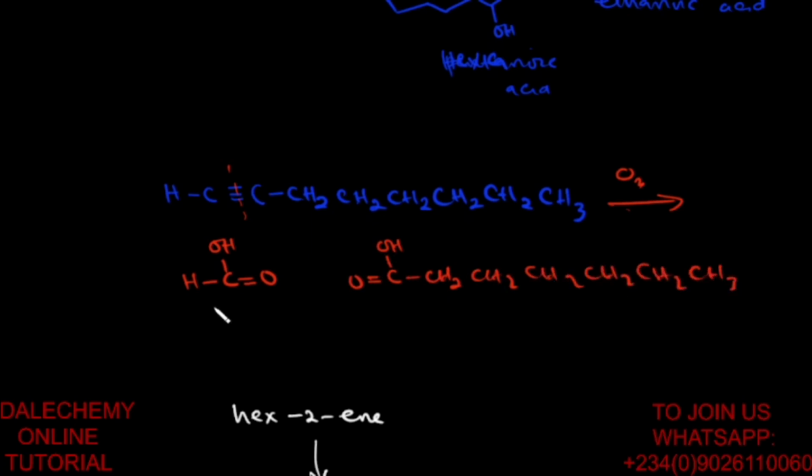So this is going to be meth, because it's having 1 carbon. That will be methanoic acid, and this is going to be 1 2 3 4 5 6 7, that's going to be heptanoic acid. So the ozonolysis product of 1-octyne is going to be methanoic acid and heptanoic acid.